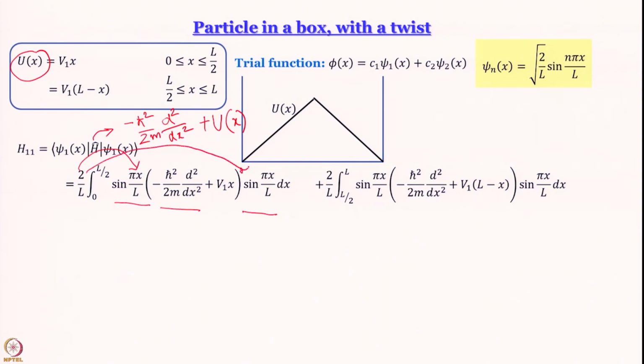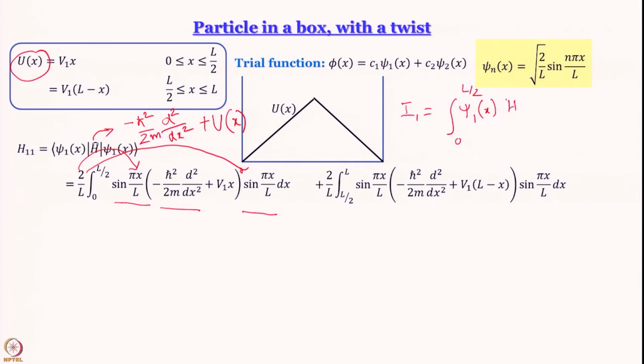So, this first one I can write as I1 here, will be equal to integral essentially psi 1 of x, well do not forget the limit 0 to L by 2.